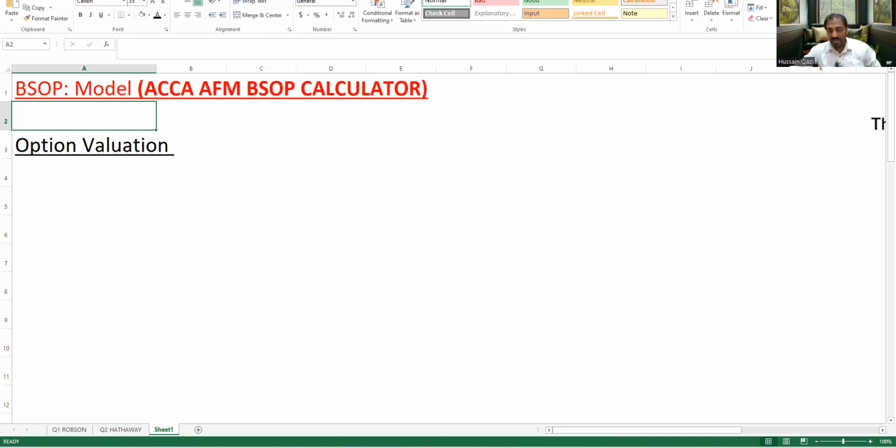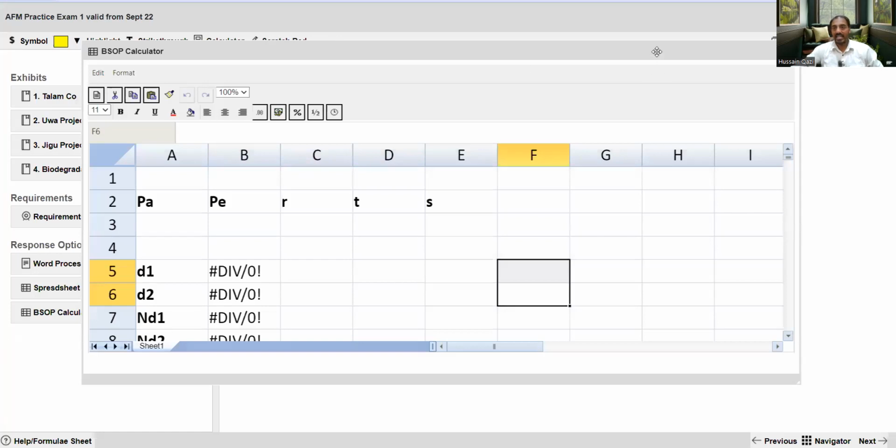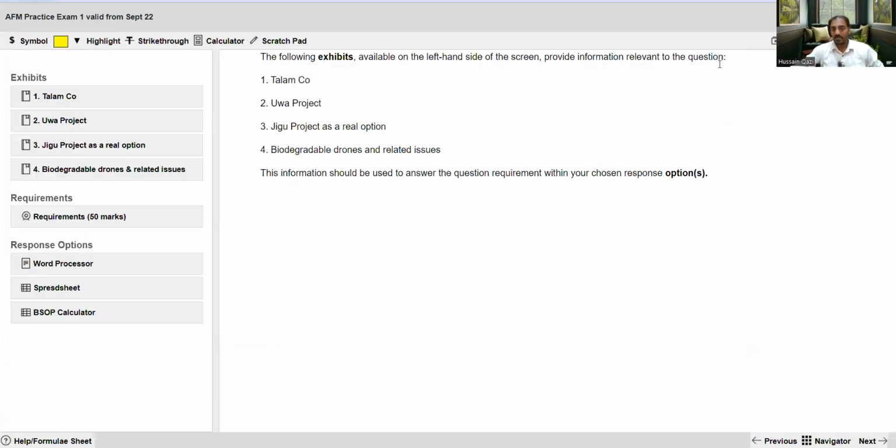From September 22 onwards, ACCA has published very important information to you.